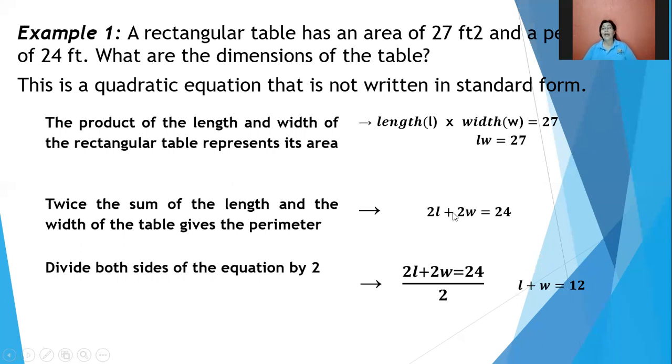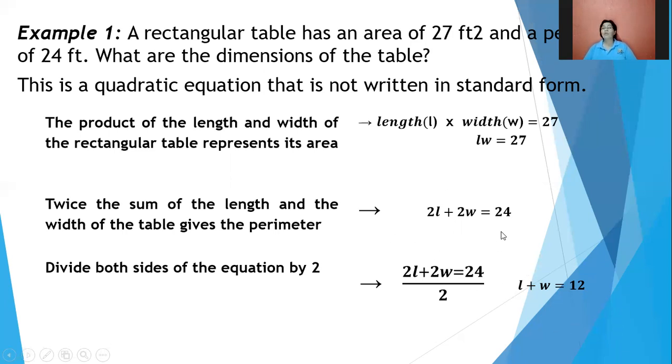Where 2L plus 2W is equal to 24, because the perimeter is given. Both sides are divisible by 2, so divide both sides of the equation by 2. 2L divided by 2 is L, plus 2W divided by 2 is W, is equal to 24 divided by 2, which is 12.